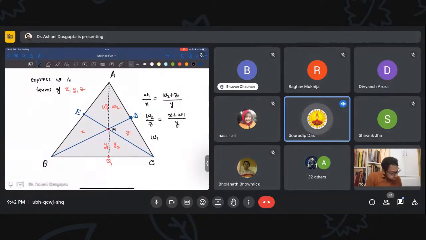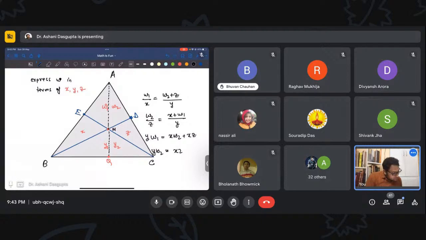So YW1 equals XW2 plus XZ, and YW2 equals XZ plus ZW1. Okay.